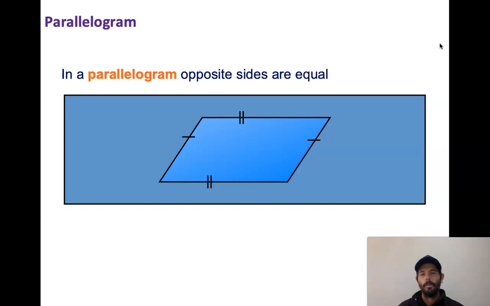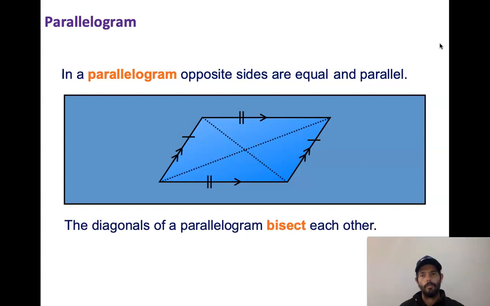Okay, so the sides that have 1 stripe in them are equal, and the sides that have 2 stripes in them are equal. And then we have signs for parallel lines. And again, notice that the top and the bottom sides have 1 arrowhead to show that those two are parallel, and the left and the right hand sides have 2 arrowheads to show that they are parallel.